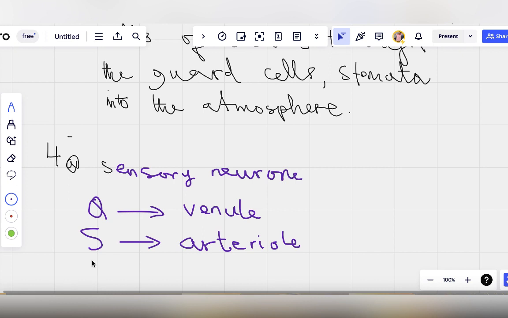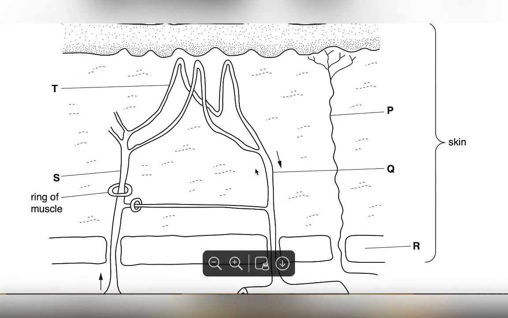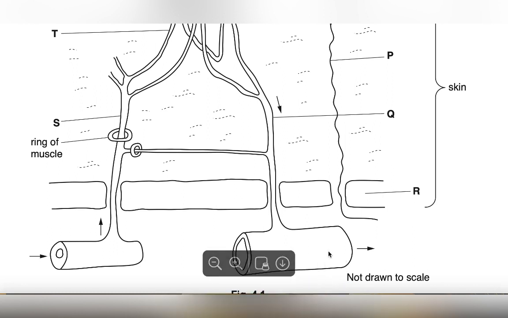And then let's see T. Where's T? Oh, T is capillary. These ones are capillaries. This is a big vein. This is an artery. This small unit is called arteriole. This small unit is called venule.